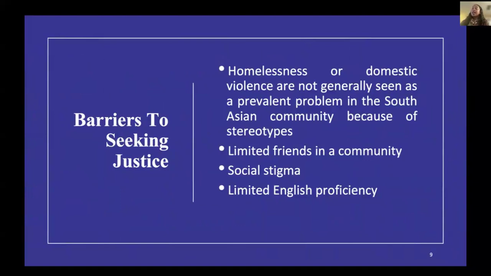And domestic violence is not generally seen as a prevalent problem in the South Asian community because of these stereotypes. They have limited friends in their community. There's a huge social stigma, and of course, language barriers, limited English proficiency. That's not unique to the AAPI community, but it definitely impacts how they're going to show up when they come to us for assistance.